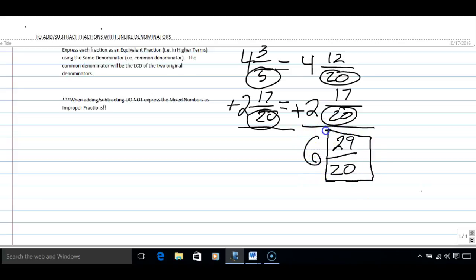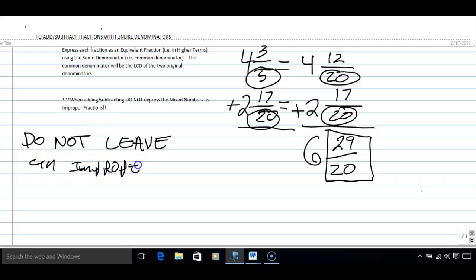However, here you have an improper fraction contained within a mixed number. So do not leave an improper fraction within a mixed number.